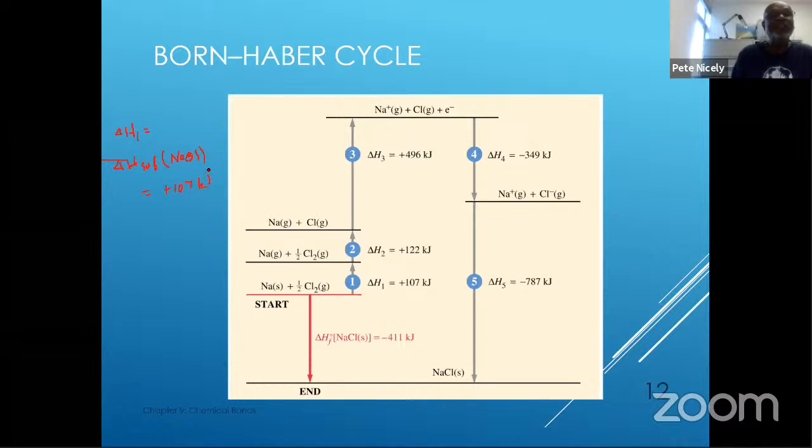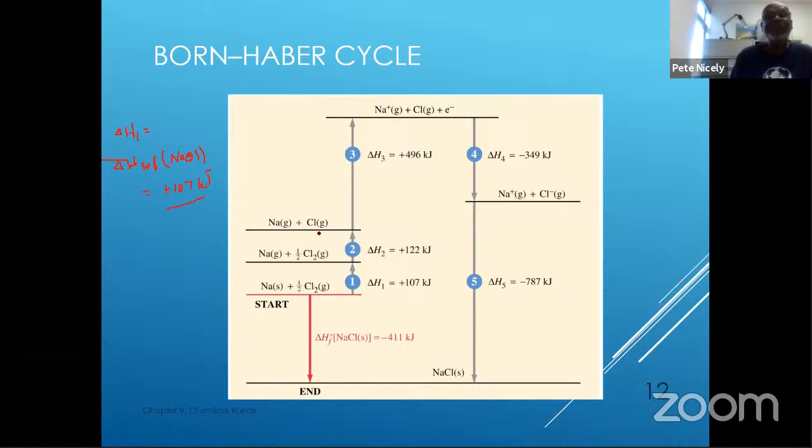It should come as no surprise that the enthalpy change is positive, because heat is required in order for the solid to be converted to a gas. In other words, it's an endothermic process. So that's what happens in the first step.